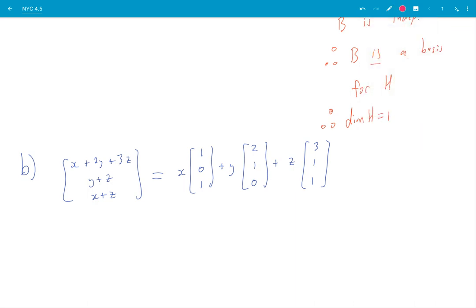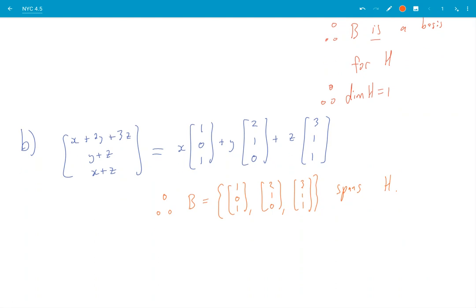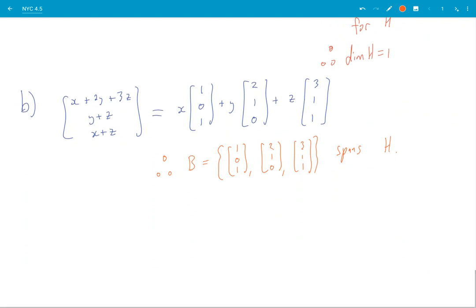So this little tiny calculation in blue allows me to conclude that B, which is the set of these three vectors, spans H. Now, is B independent?